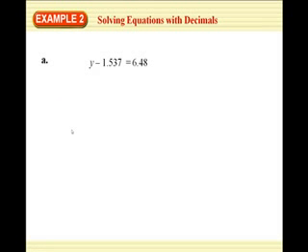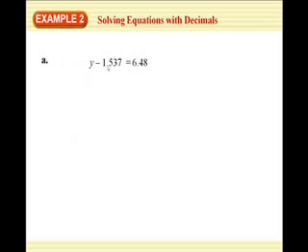Okay, so solving equations with decimals. Remember, we've solved equations before, and it's done the exact same way. Just remember to line up your decimals. So we have y minus 1.537 equals 6.48. How do I get the y by itself?